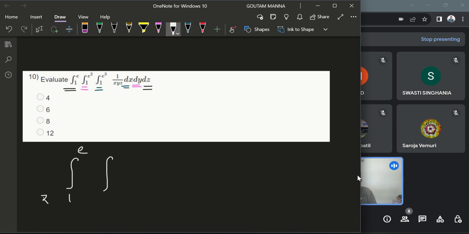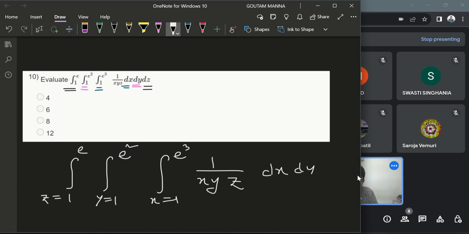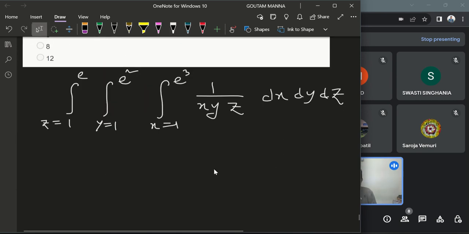This is z equals 1 to e, y equals 1 to e square, and x equals 1 to e cube, of 1 by xyz dx dy dz. Now these limits don't depend on each other, so I can do this integration separately.